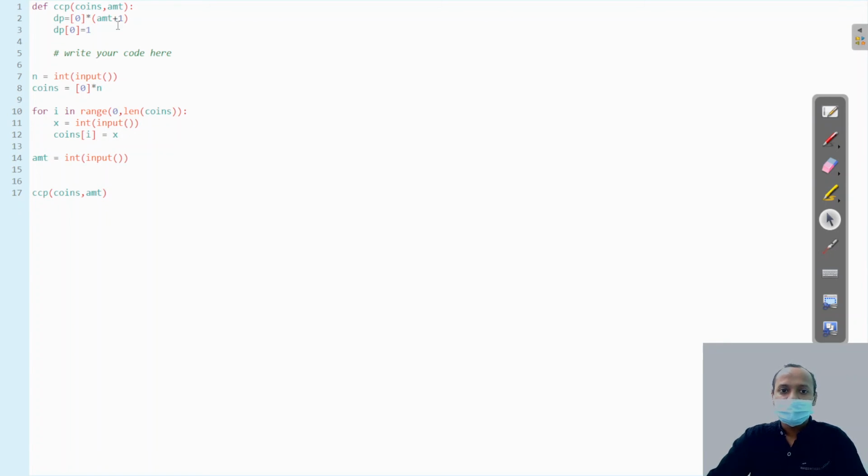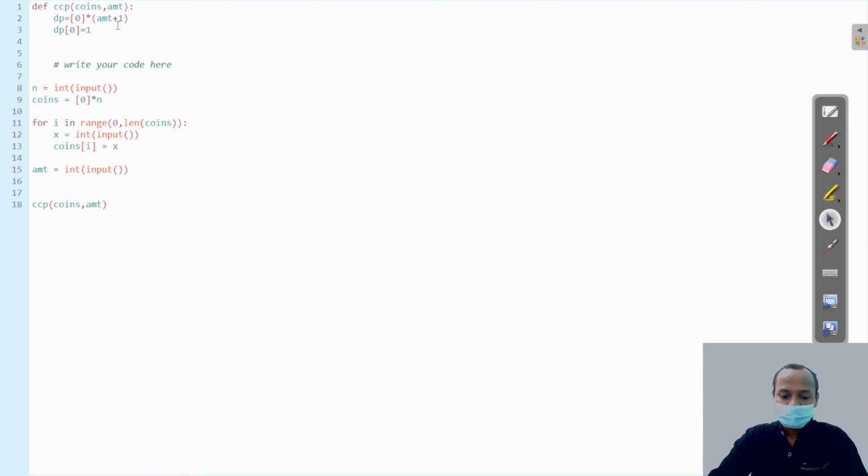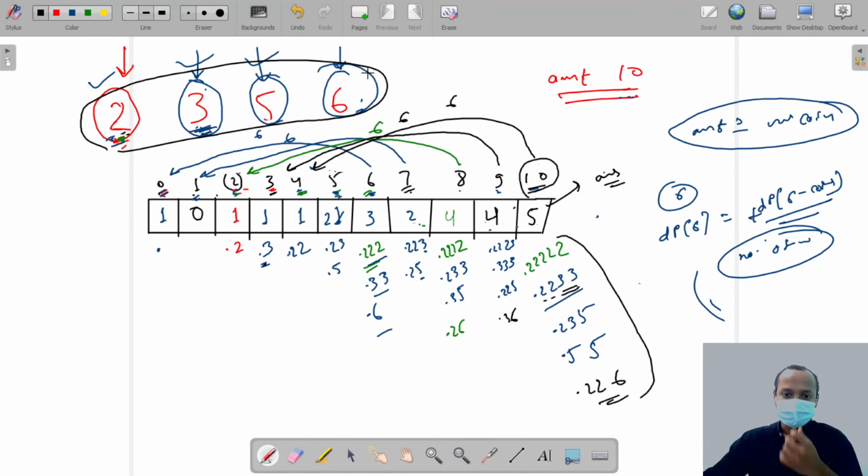This is the way to pay 0 rupees. Now I'm going to run a loop. First we have to iterate on our coin values, then we iterate on the amounts.